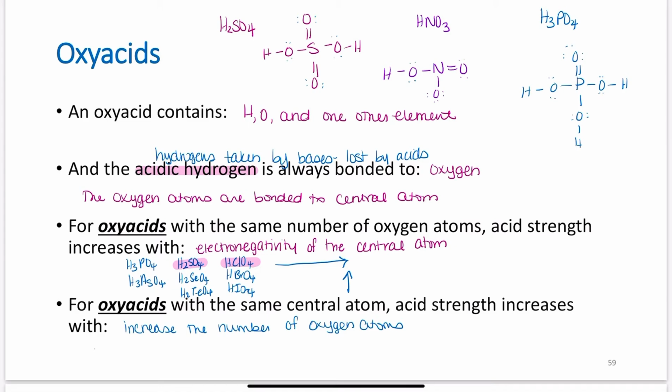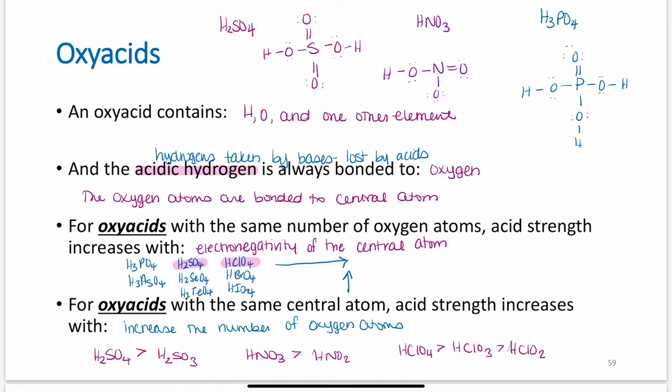So, for example, H2SO4 is stronger than H2SO3. HNO3 is stronger than HNO2. HClO4 is stronger than HClO3, which is stronger than HClO2.